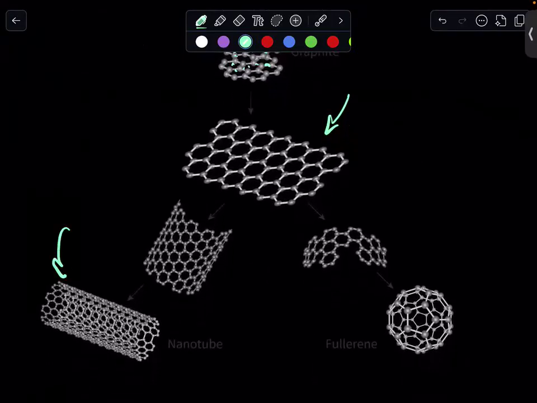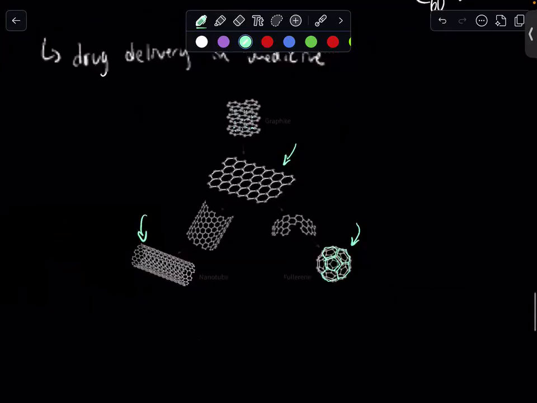We can fold it into a nanotube, which gives incredible strength, or we can fold it into fullerene, which, like a soccer ball, has 12 pentagons with the hexagons around it, creating this rounded shape. So it's just a shape made of single two-dimensional flat shapes folded into a ball. And we do this with carbon to create our fullerene.